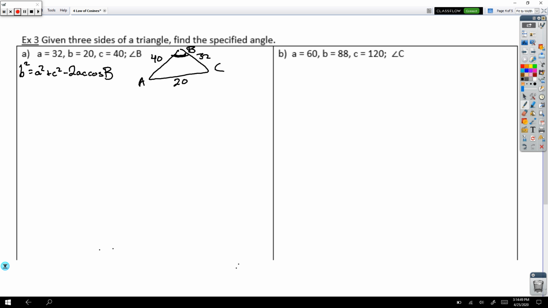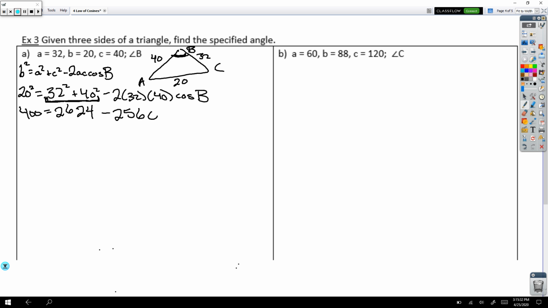Plugging in everything: 20 squared equals 32 squared plus 40 squared minus 2 times 32 times 40 cosine of B. I don't know the angle measure this time, so I'm just going to leave it as B. Doing all my squaring and multiplying, we would have 400 equals, I'm going to do 32 squared plus 40 squared all in one step, so that would be 2,624, minus, doing my multiplying, 2560 cosine of B. So I'm going to subtract the 2624 to the other side.